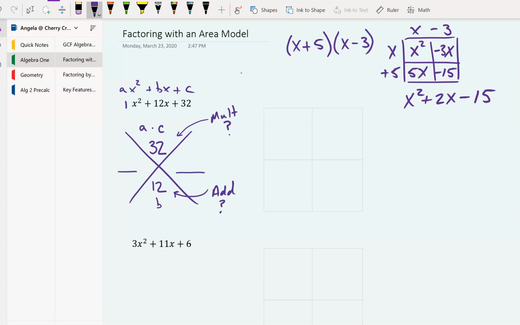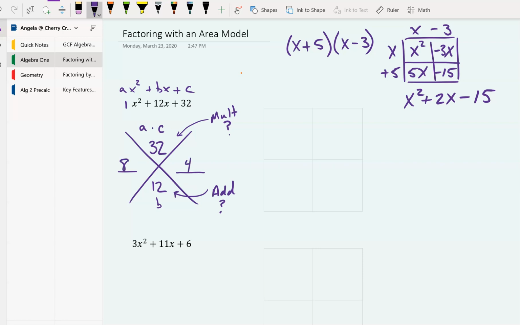Sometimes these can get really big and challenging, so you do have to do a little bit of guess and check, or know your factors, or play with some numbers to make this work. I know that 2 times 16 is 32, but those aren't going to add together to be 12 very easily. I do know that 8 times 4 would work.